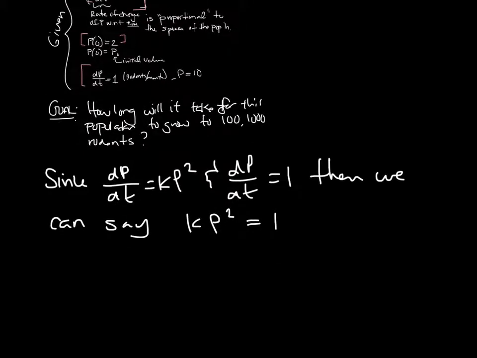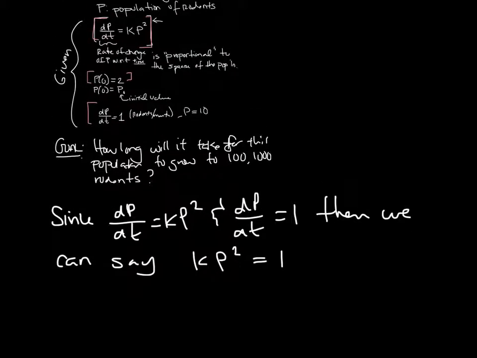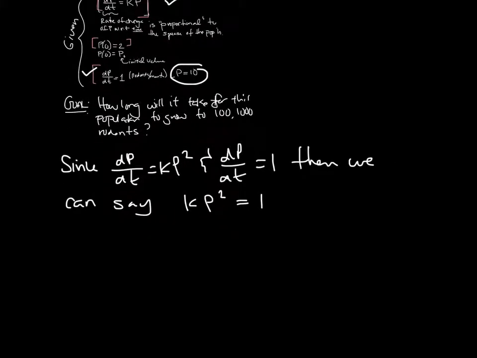And what else do we have? Well, I've used that, I've used this rate, and we have kP squared equals 1. We definitely know P is 10 when the rate is 1, so we can use that information.